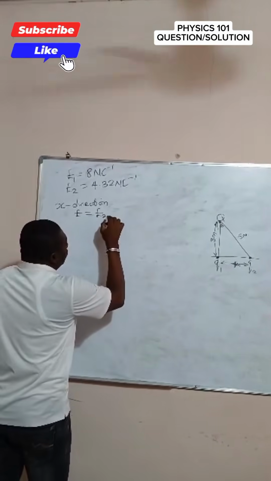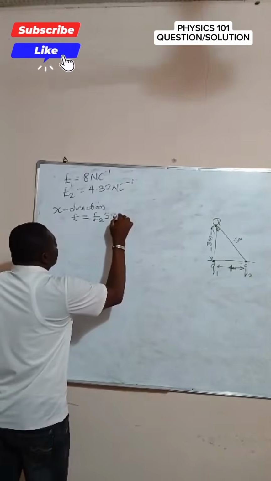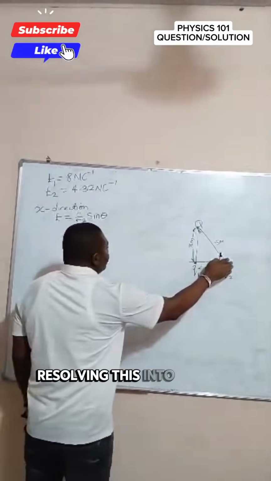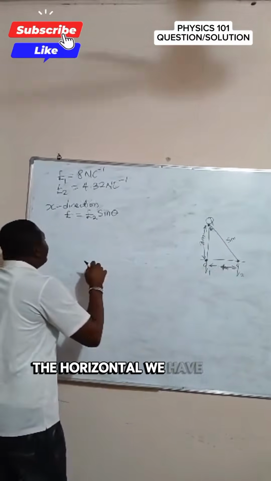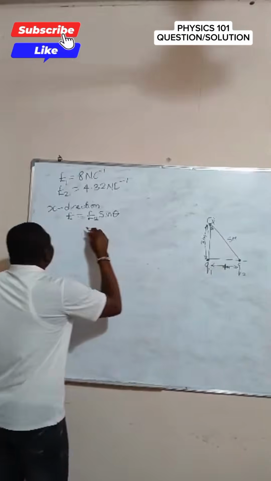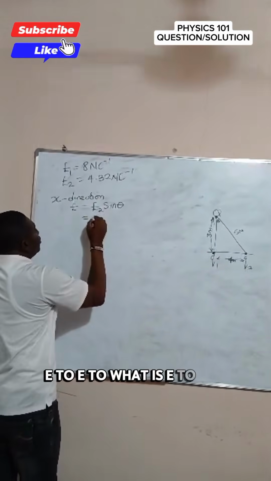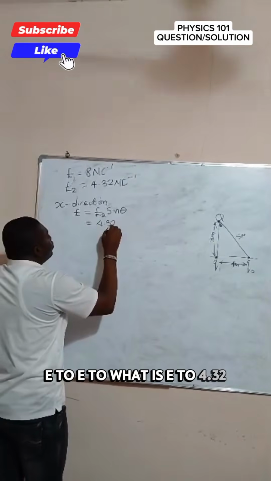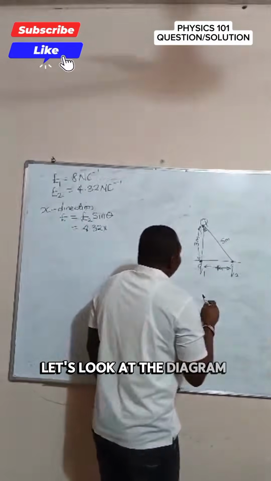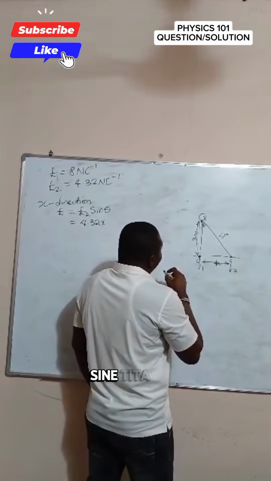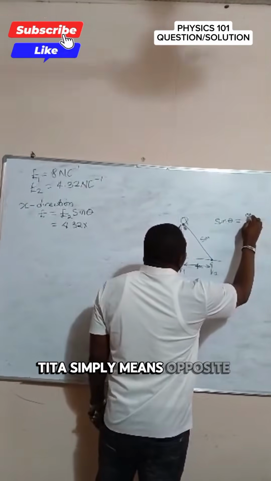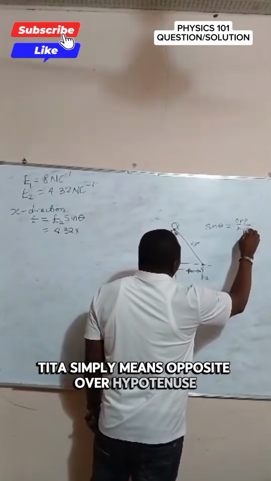our electric field will be E2 sine theta. Resolving this into the horizontal, we will have E2 sine theta. We have done this E2 before. What is E2? 4.32 multiplied by sine theta. What is sine theta? Let's look at the diagram again. Sine theta simply means opposite over hypotenuse.